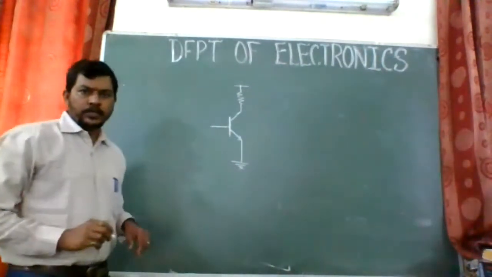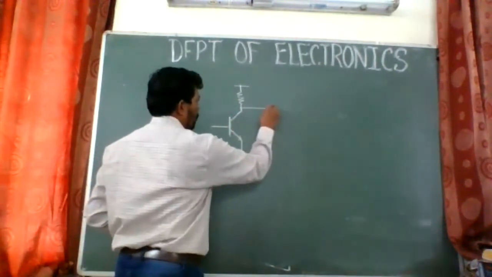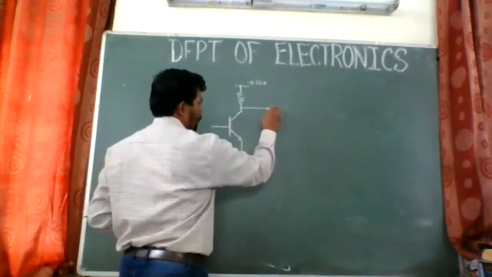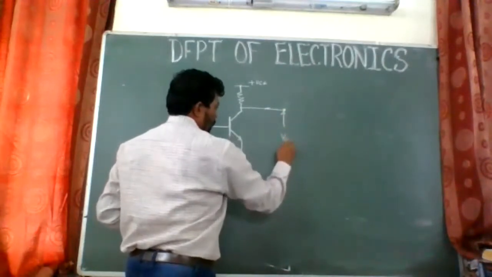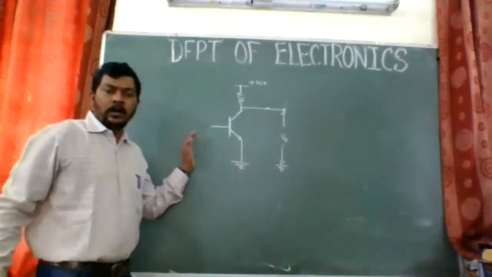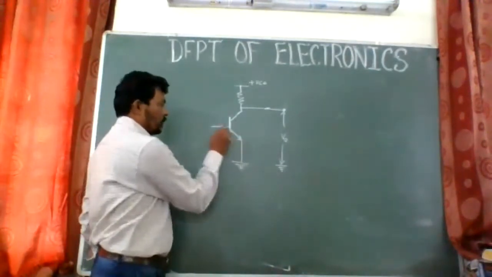I hope it is visible. This is the plus VCC, and from here we are expecting the output to come with respect to the ground. So this is the transistor.